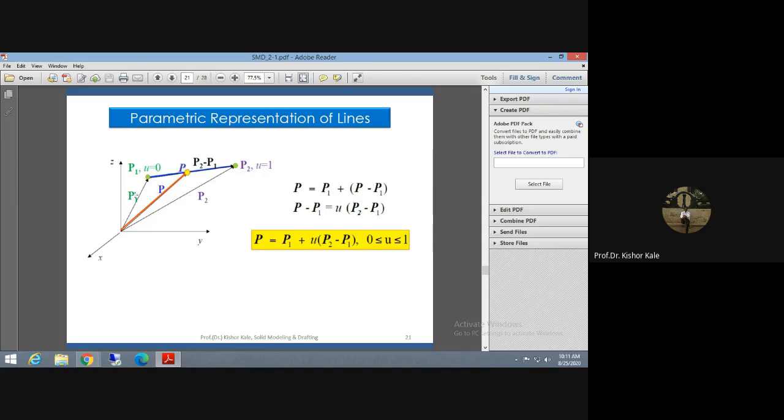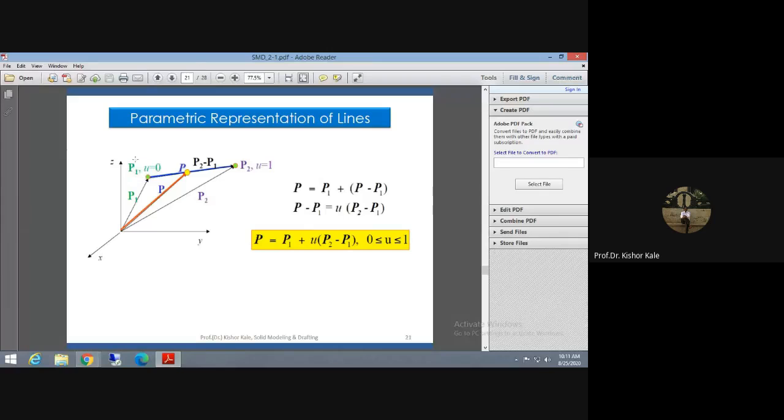Now, for your understanding, how to write a parametric equation of a line. This is your Cartesian coordinate system. Now we have two points.